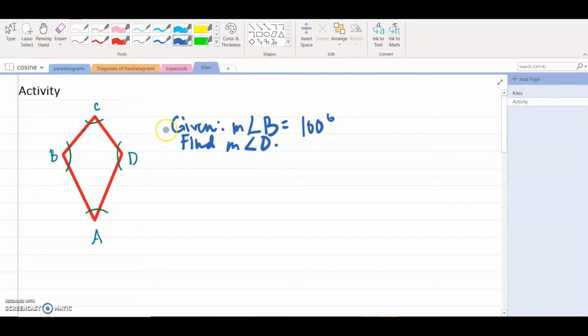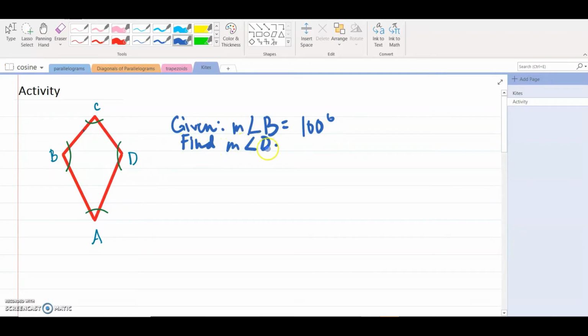Okay. So let's proceed now with our activity where we can apply the different theorems regarding kites. Let's say you are given the measure of angle B, which is 100 degrees.